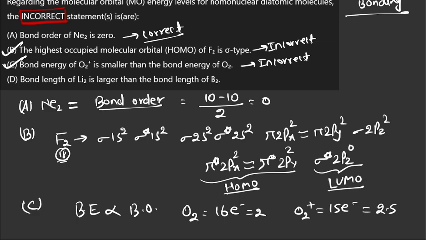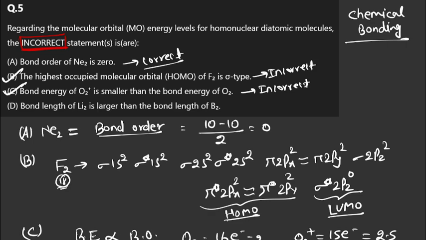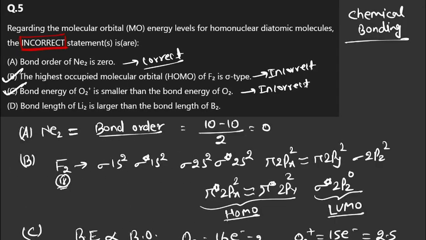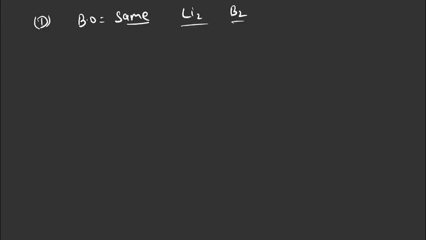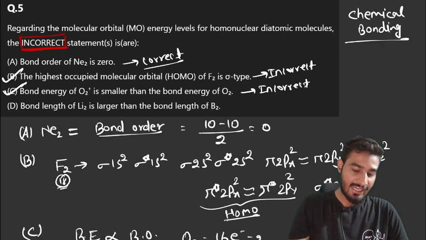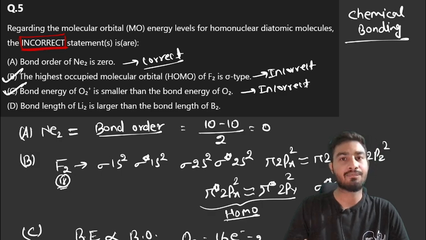Next we check option D. Option D says the bond length of Li2 is larger than the bond length of B2. If we check option D, the bond order for both Li2 and B2 will come out the same. In that case, how do we compare bond length? The simple concept is that the Li2 molecule is larger in size.